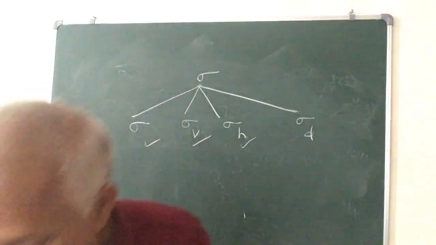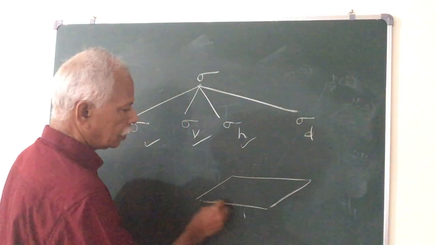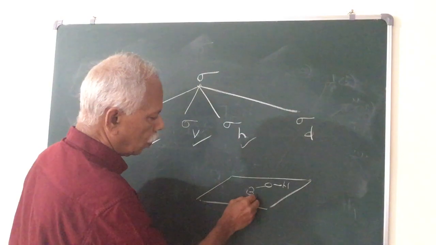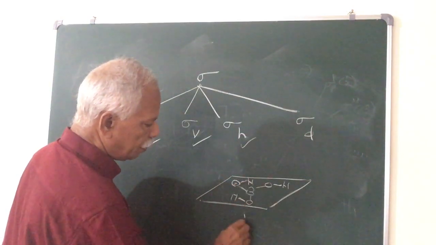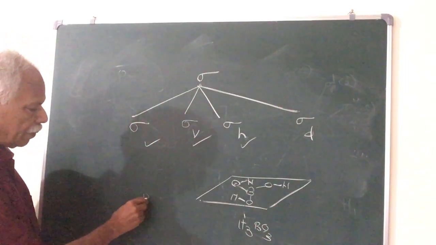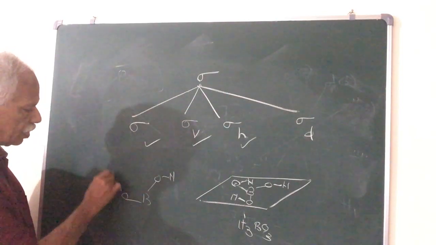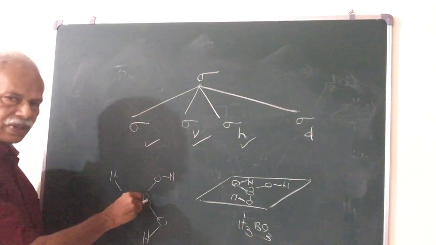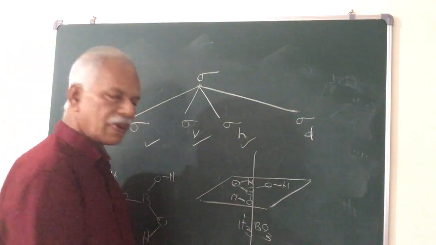For example, think of a planar molecule like H3BO3. B with three OH groups, and this is a C3 axis.